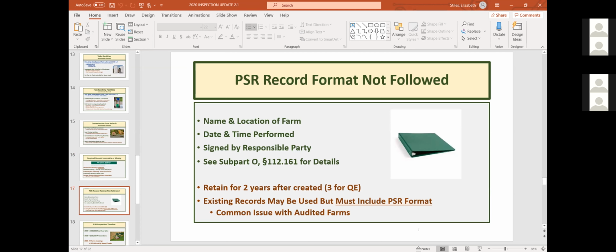For all of these, you need to keep the records for at least 2 years after they were created. For qualified exempt, we'll talk about, it's actually 3, that's coming up. You can use your existing records. You don't need to create anything new, but make sure that you include this format, the name and location of the farm and the date and time performed.